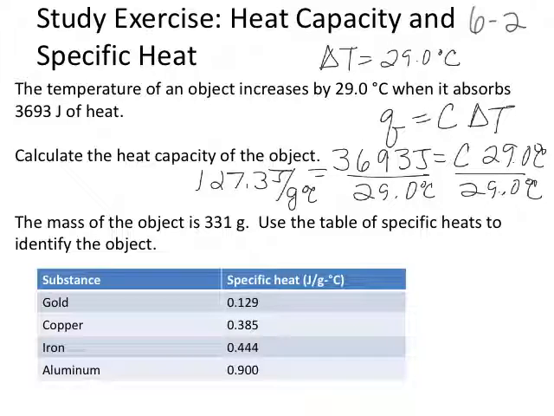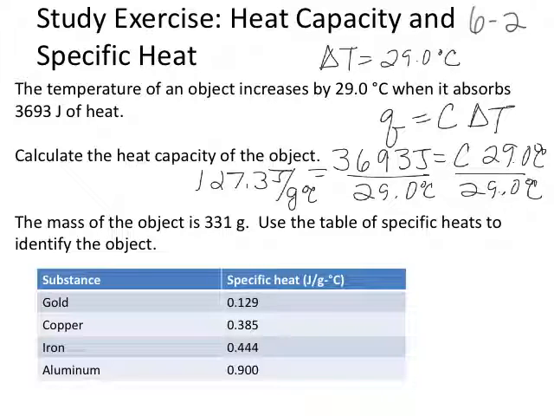What is heat capacity? Heat capacity is C of the system, the heat required to change the temperature by 1 degree C. Now, the heat capacity is characteristic. That means it can be used to identify an object. And this is how you could use it in such a way.